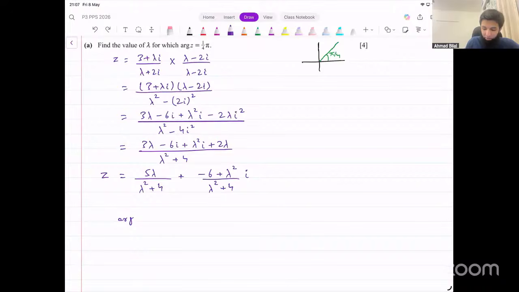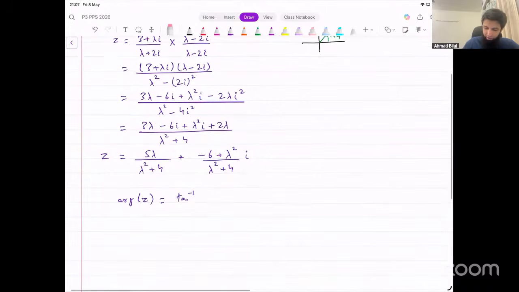So we can say argument of z must equal tan inverse of imaginary part divided by the real part. Okay, that will be a bit too complicated a fraction.